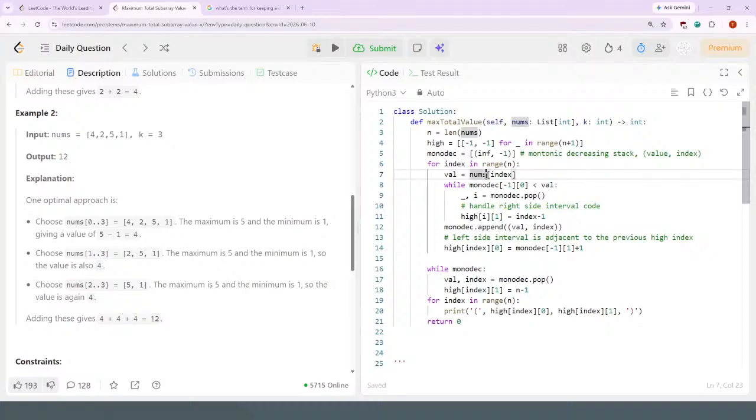Pushes. Shouldn't pop anything here. And then it appends for index 0. Should be 4, 0.